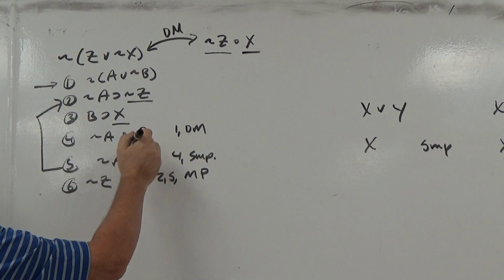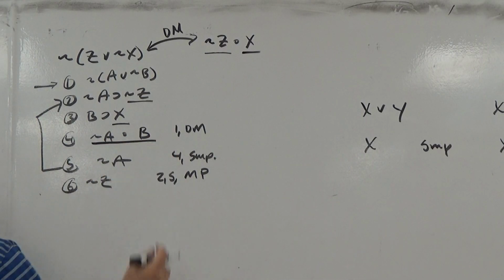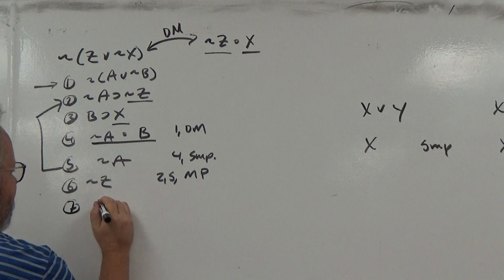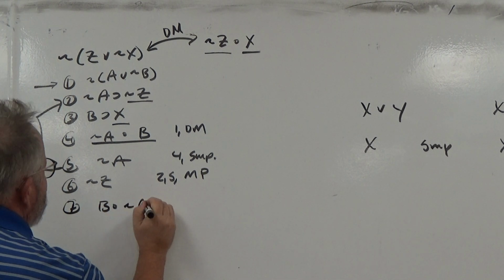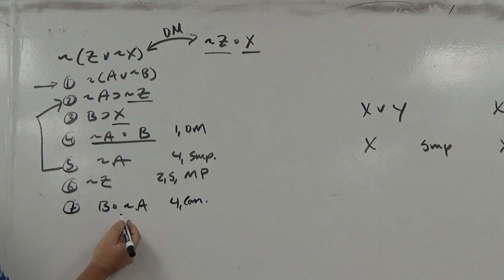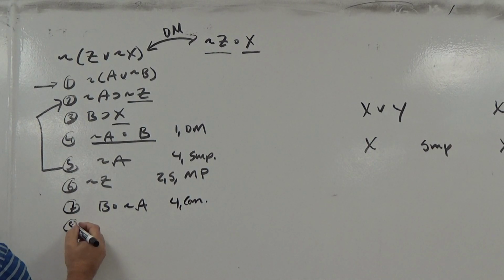They try to simplify straight to the B, but the B needs to be on the left-hand side of the conjunction. You can only simplify to the left, so I have to do this one little waiting move, as it were, and I get B and not A from 4 by COM. Now I can simplify to the B.